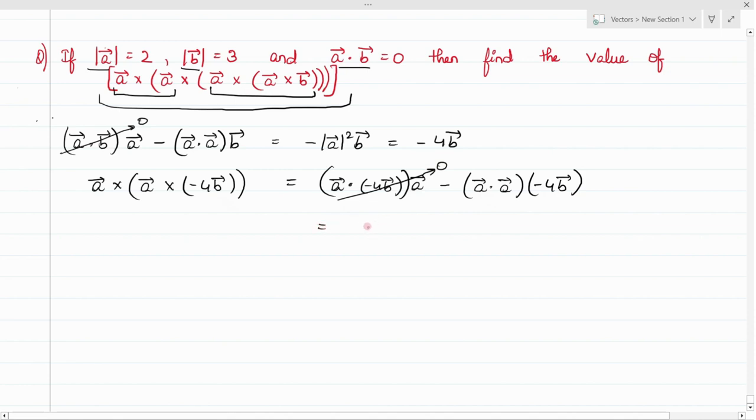Now we can write minus into minus as plus 4. This is nothing but magnitude of A square, that is again 4, and B vector, which is 16B vector. B vector can be written as magnitude of B into B cap. Magnitude of B is given, that is 3. 16 times 3 is 48. 48 B cap is the required answer to this question.